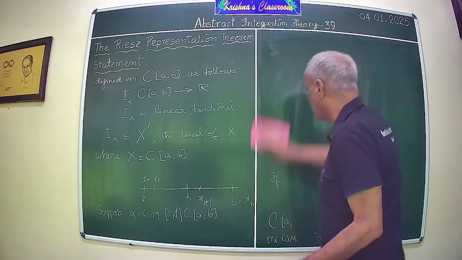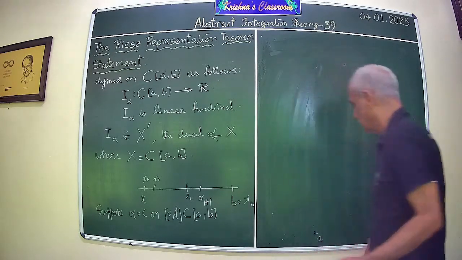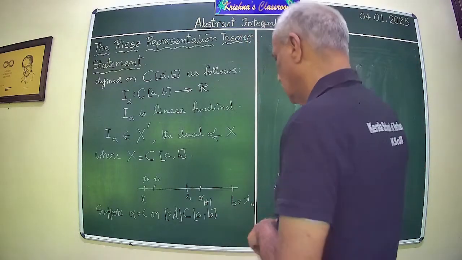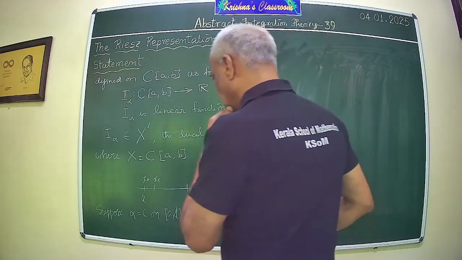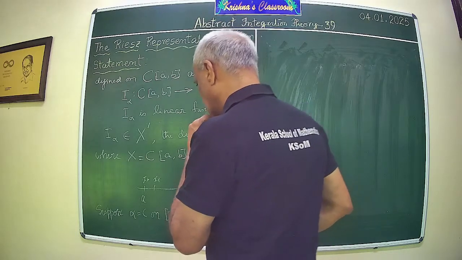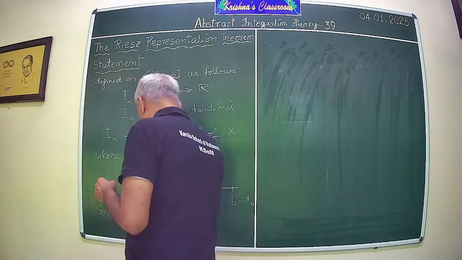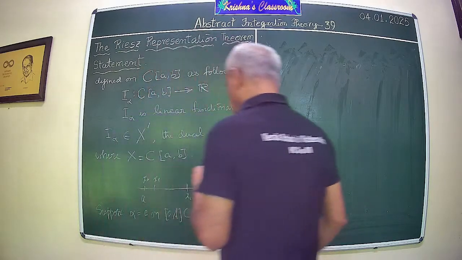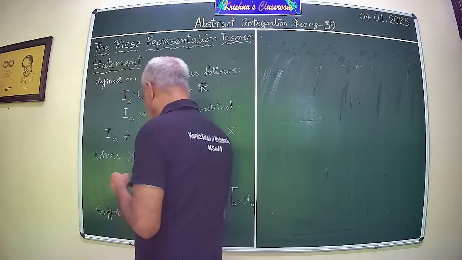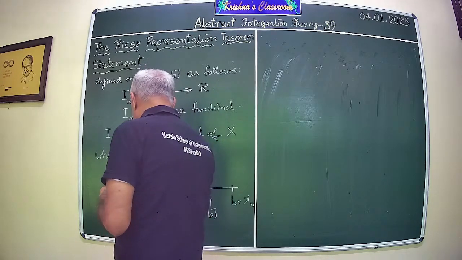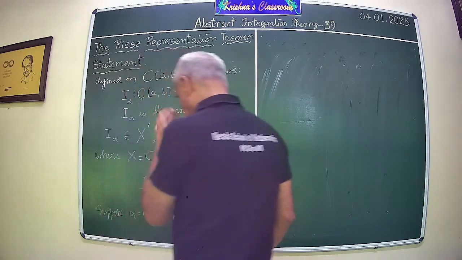In that case, what happens? We'll use k because I'm using c here. K a constant.